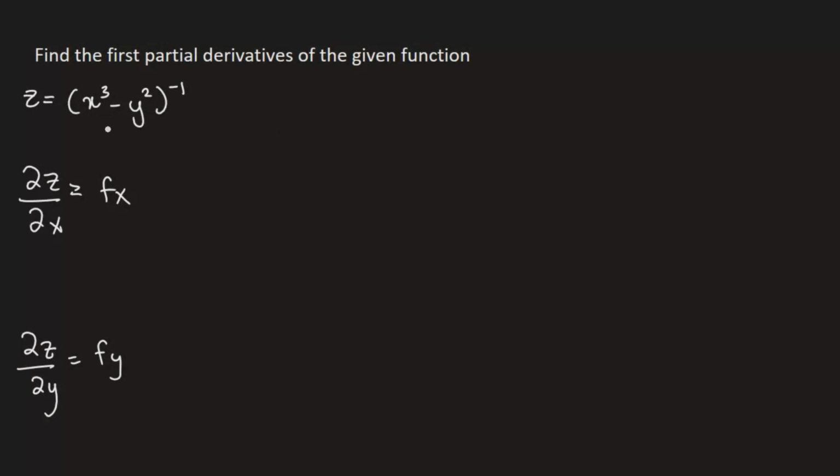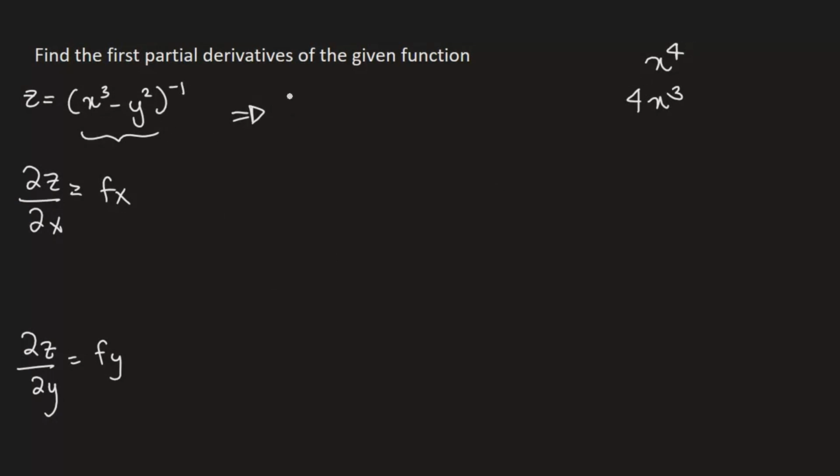Okay, now taking the derivative of this, did you notice that this is a chain rule because there's a function inside it as well. So first you will take the derivative of it like you would normally do. For example, if you had x to the power of 4, you would simply do 4x to the power of 3, right? Bring 4 down and subtract 1 from it. So we'll do the same thing first here.